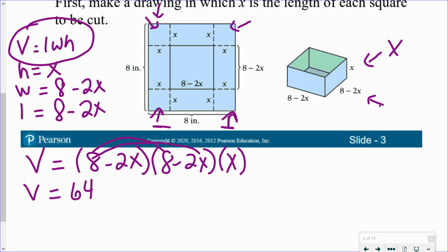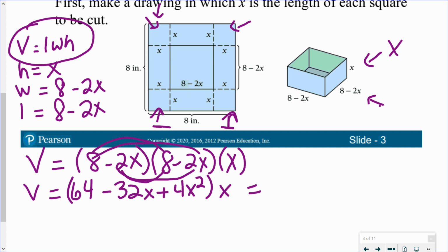Minus 16x minus 16x, so that'll be minus 32x, and then plus 4x squared. We still need to multiply all of that by x. So that will be 64x minus 32x squared plus 4x cubed.